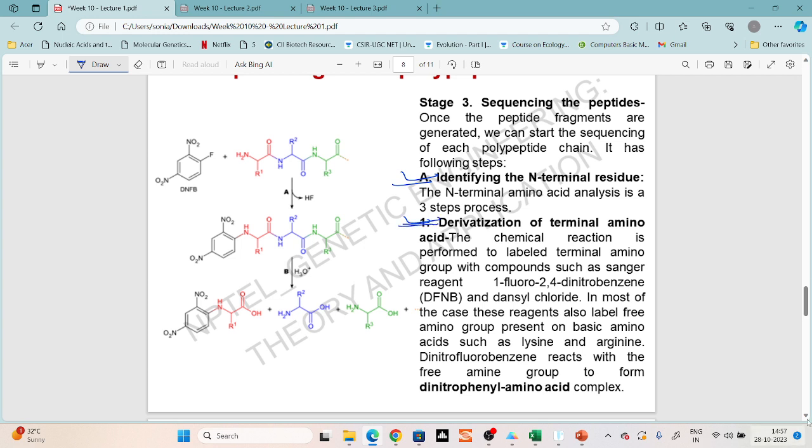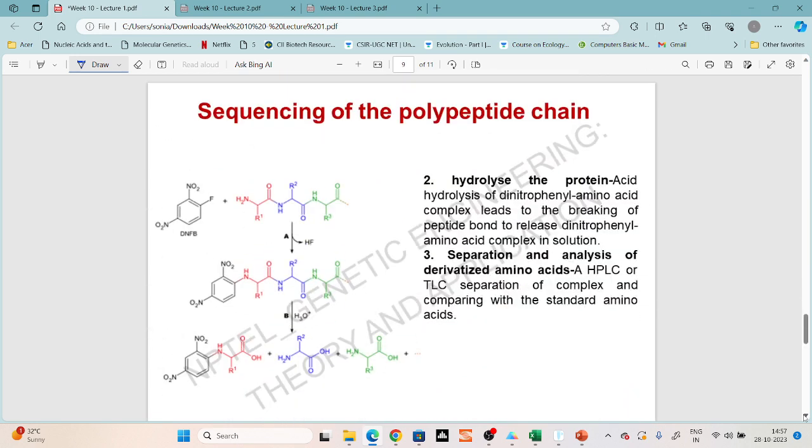After the labeling of the N terminal residue, you will hydrolyze it, sorry, you will hydrolyze so that the N terminal amino acid is removed, and then you will identify what the N terminal amino acid is.